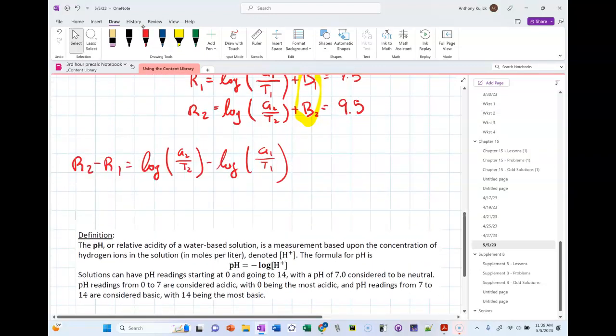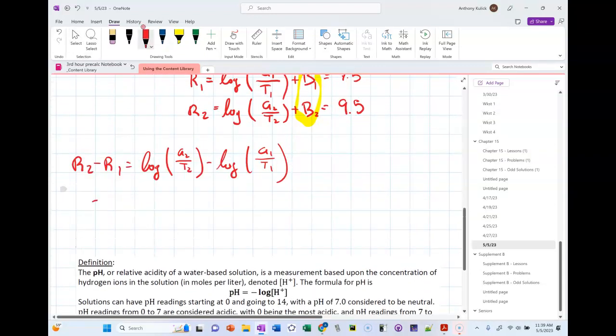R2 minus R1 is just 2, right? Because 9.5 minus 7.5 is just 2.